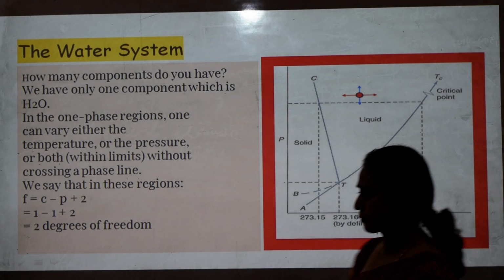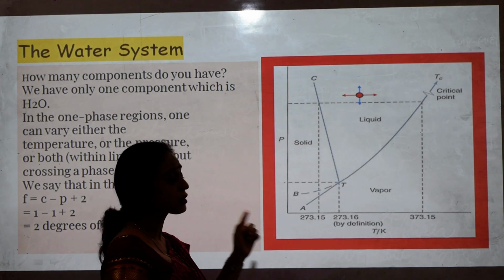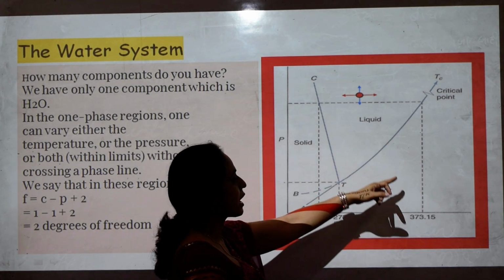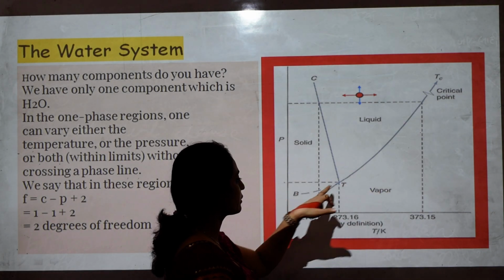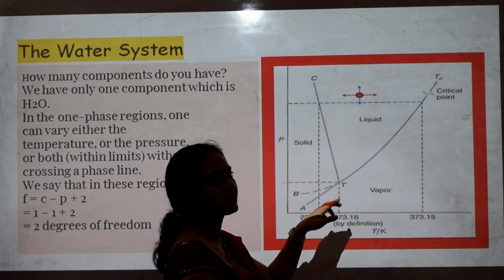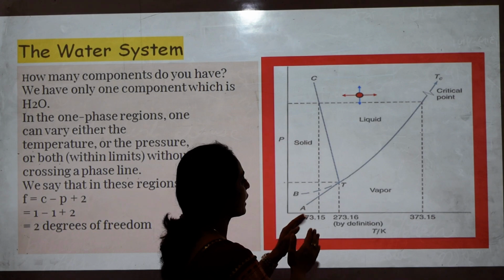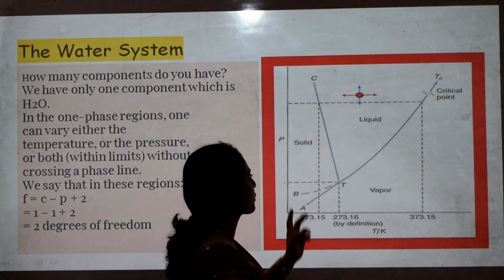In this particular diagram, you will find 3 things. Now what are those 3 things? First, these are the lines, and here these are the areas, and this particular point where all the 3 phases are present in equilibrium. So on the line only 2 phases are present.